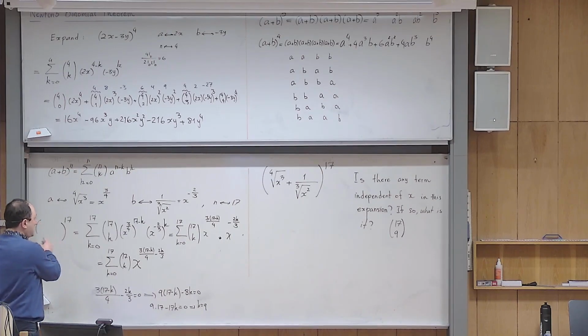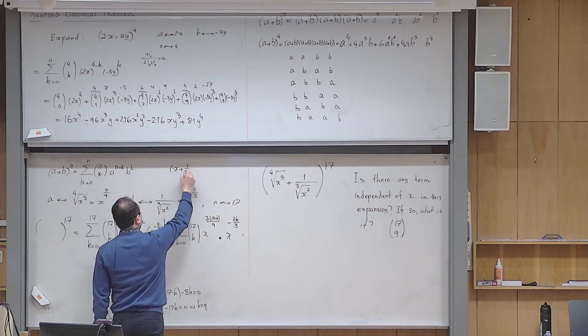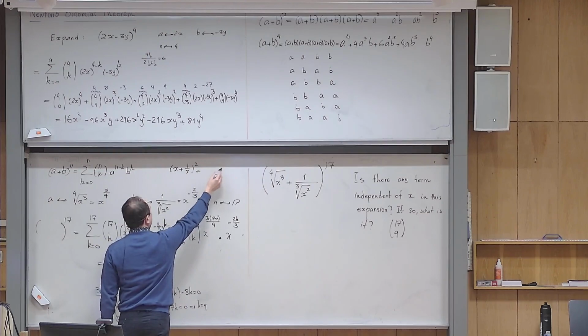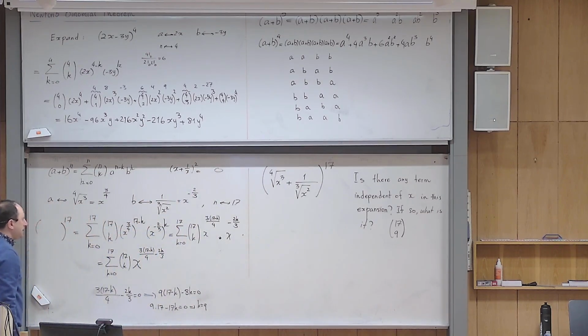Okay, if I want to write them in order, which term is it that is independent? In the example that I gave you before, the middle term, the second term from the left, was the independent term. So which term is independent here, if I start writing them in order? Is it the 10th?